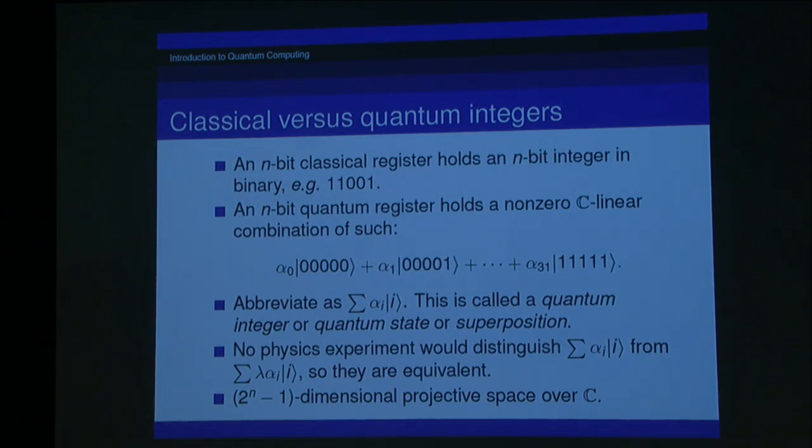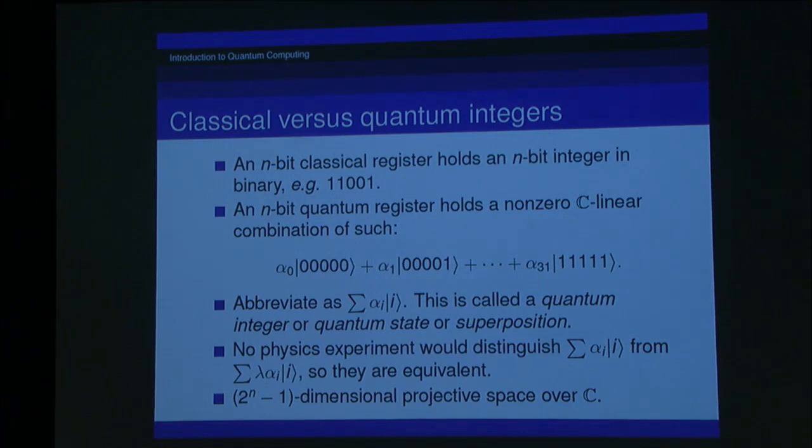All right, so classical versus quantum integers. An n-bit classical register holds an n-bit integer in binary, like 11001. And how about an n-bit quantum register? Well, it holds a C-linear combination of n-bit integers, which we can abbreviate as a summation of alpha i times i.